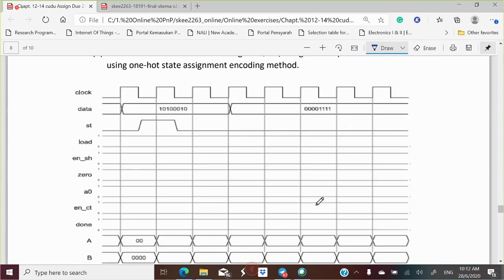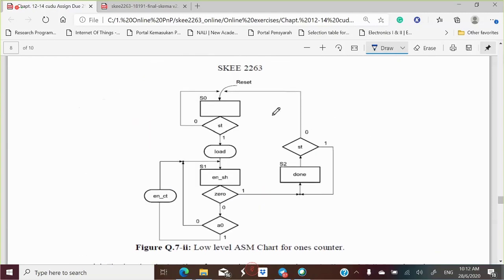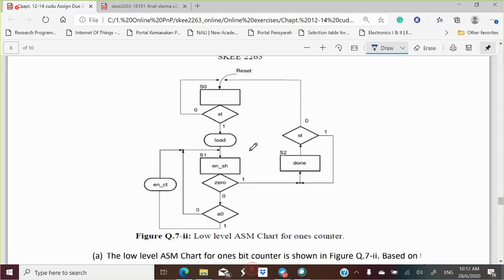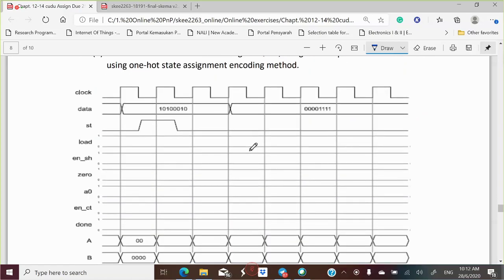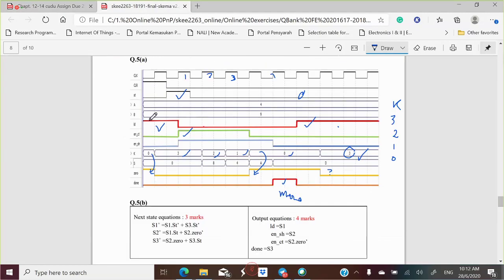So I believe your load has to be before, right? You can have it before, from here to here probably, isn't it? Because your load, but load is Mealy. Mealy doesn't matter. So let me see the answer.